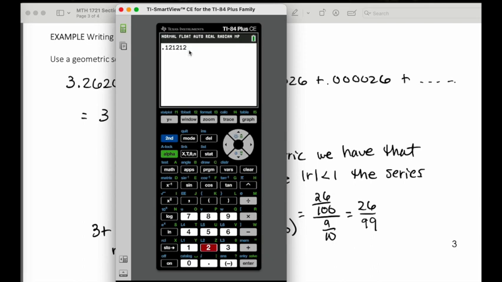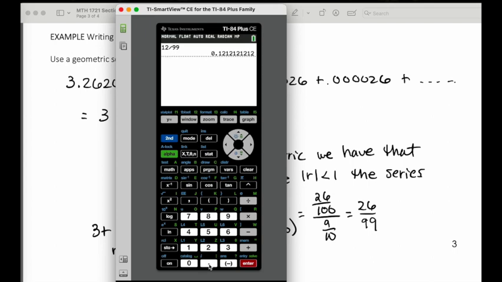Because there are 2 digits, I would take the part that's repeating, which is 12, and I would divide it by two 9s, because there's 2 digits in the part that's repeating. So I would take 12 over 99. Now, when I hit enter, it's going to give me the decimal 0.121212 repeating. You can try this with a few different numbers.